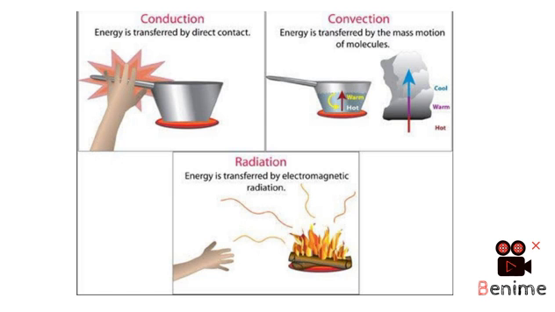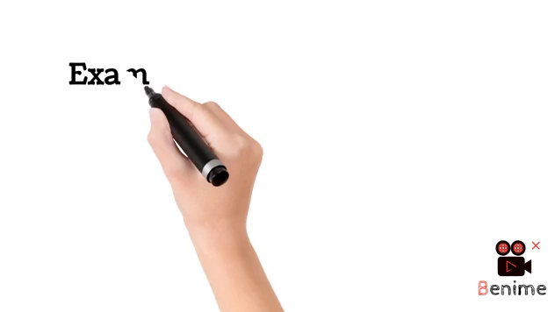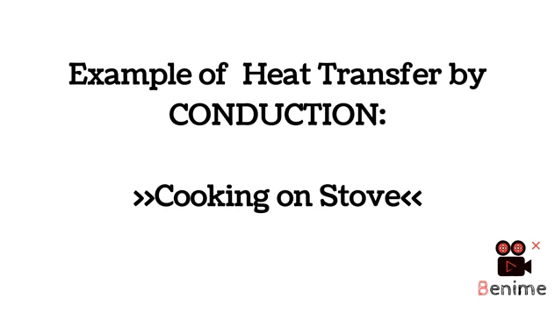It is heat transfer by convection, because the heat is carried by moving molecules. Then radiation, like the heat transfer from a fire, a flame, to your hand, despite the fact that they are not in contact. So it is not conduction, it is not convection, it is radiation. The heat is transferred through an electromagnetic wave. So there is no material contact in heat transfer by radiation.